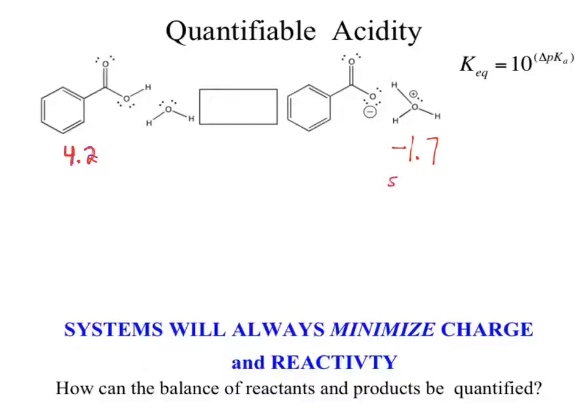The hydronium is our stronger acid. Well, what does our reaction want to do? We always want to favor the side of the weaker species in general. It doesn't have to be acid. It could be a base. It could just be nucleophile, electrophile. So if this is our stronger acid, we would expect our equilibrium to largely lie towards our reactants. So we could then add in some equilibrium arrows to show that extra information.